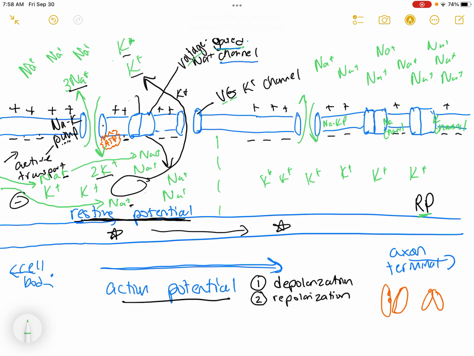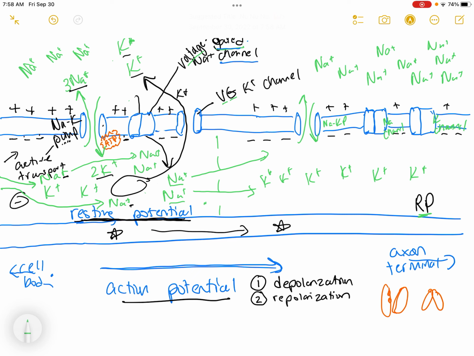But here's the thing. When this previous segment was depolarized, right, and I can point to these, when these sodium ions came into the cell, there's nothing stopping these sodium ions from just floating over here, right? So they have a high concentration in this little spot, and some of these are going to float over.